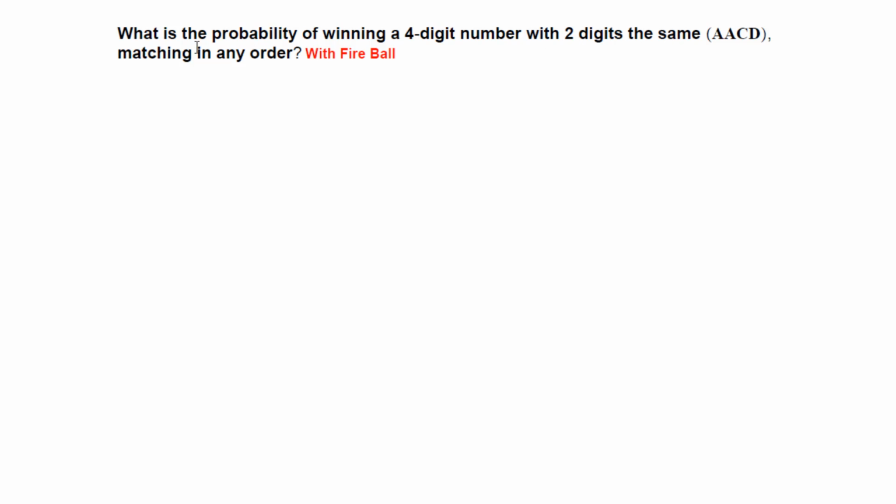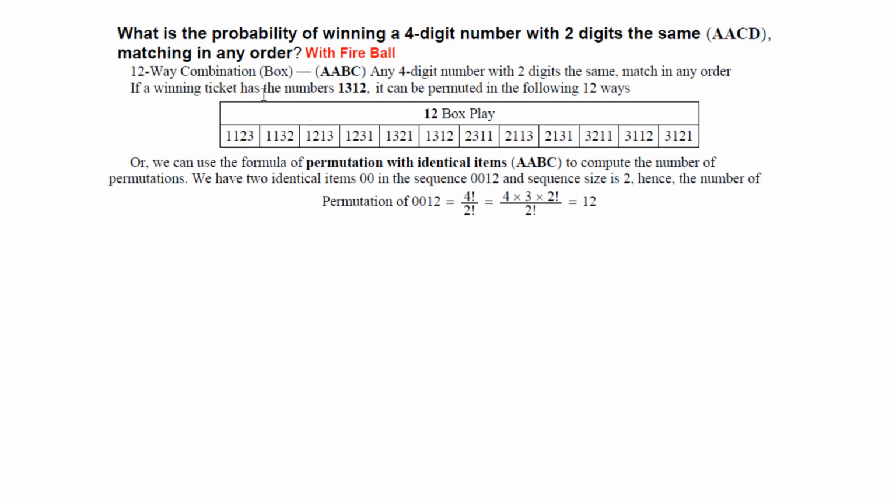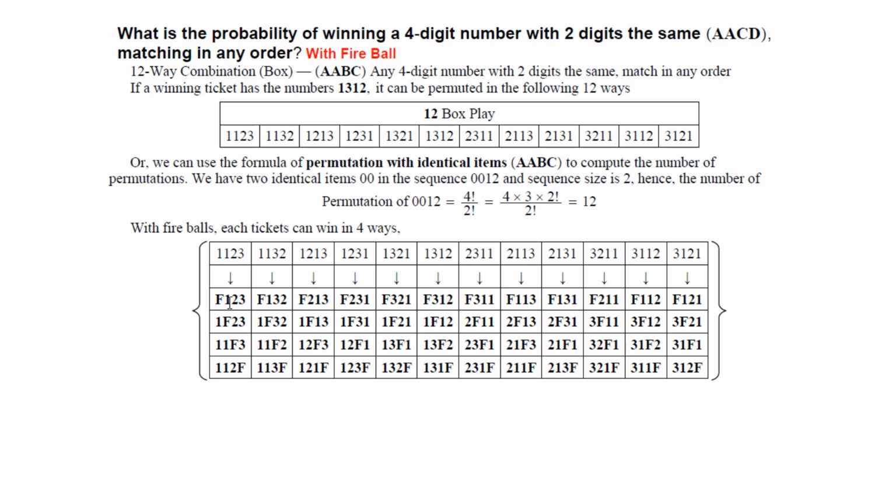Now the question, what is the probability of winning a 4-digit number with 2 digits the same, in any order with fireball this time? We have seen before that the case of a 4-digit number with 2 digits the same is the case of 12-box play. So we have here 12 winning tickets in all these orders, and for each winning ticket, if we include the fireball, we are going to get 4 winning tickets.